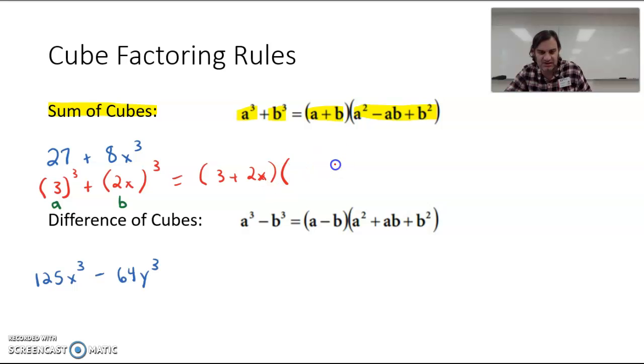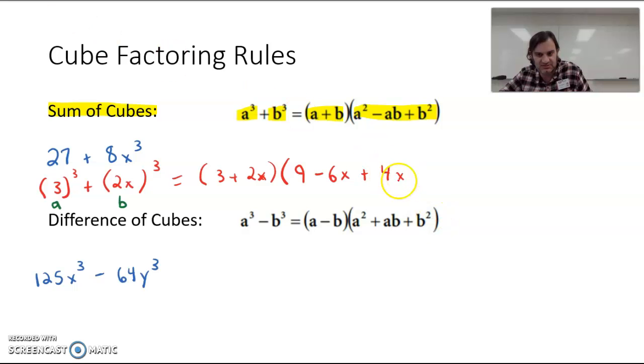And then the second term here will be a squared. So that'll be 3 squared, which will be 9, minus ab, which will be minus 3 times 2x, so it'll be minus 6x. And then plus b squared. b is 2x, so that will be 4x squared when I multiply it out. I got a little messy, so let me rewrite it. 4x squared.